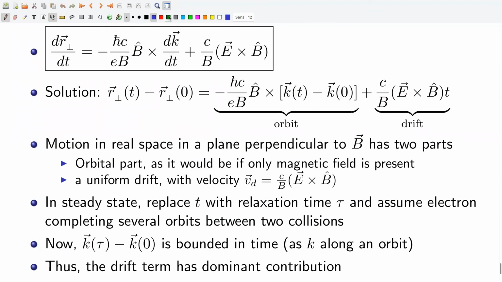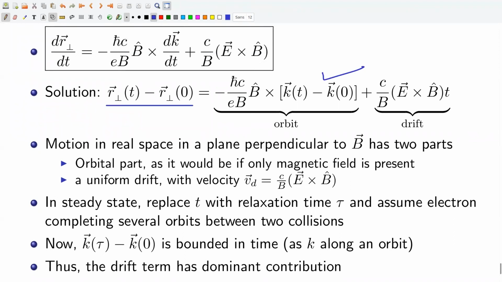So, we are considering a case of applying uniform electric field in addition to the static magnetic field. This is how the position of the electron is changing in a plane perpendicular to the magnetic field.